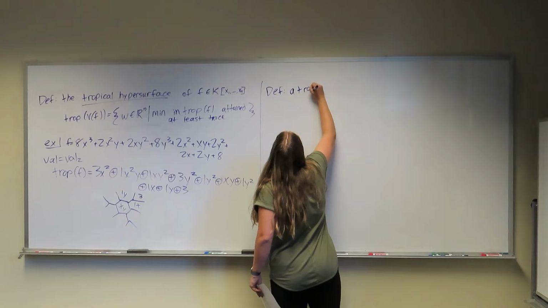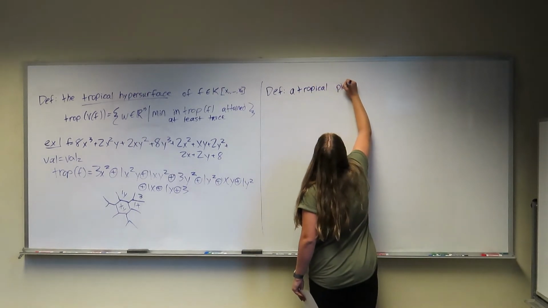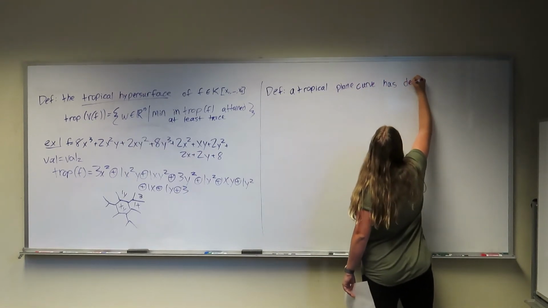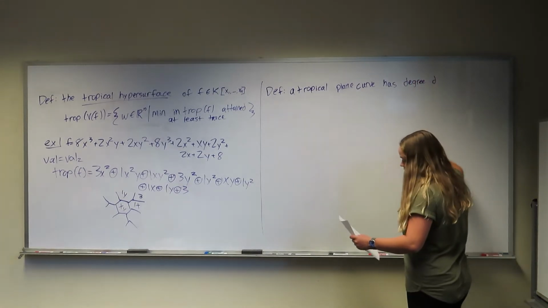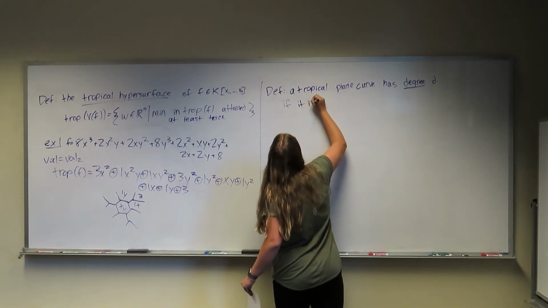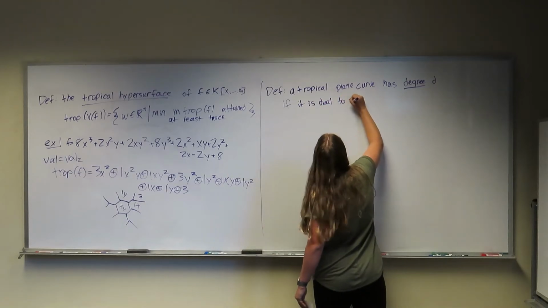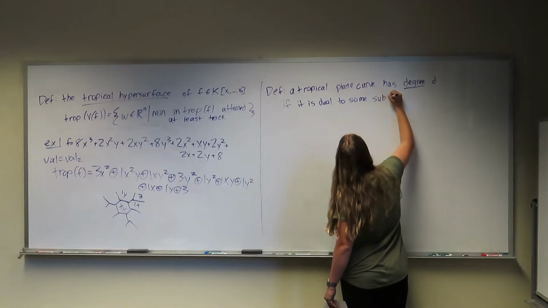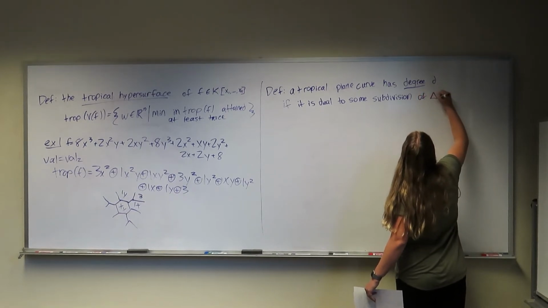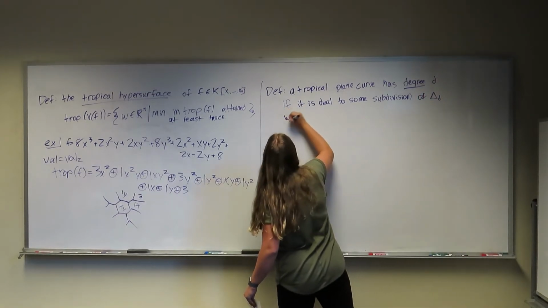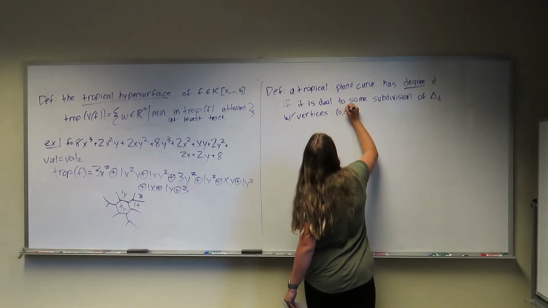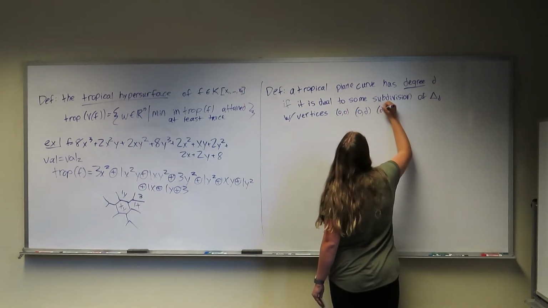A tropical plane curve has degree d if it is dual to some subdivision of the triangle with vertices at (0,0), (0,d), and (d,0).